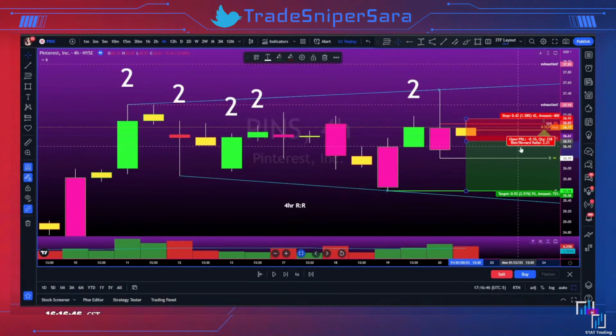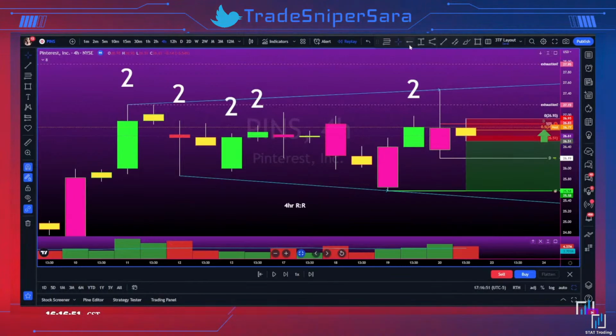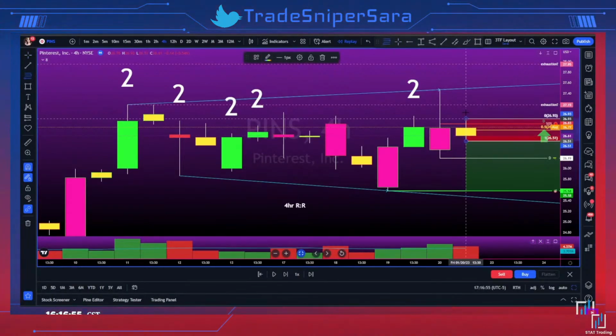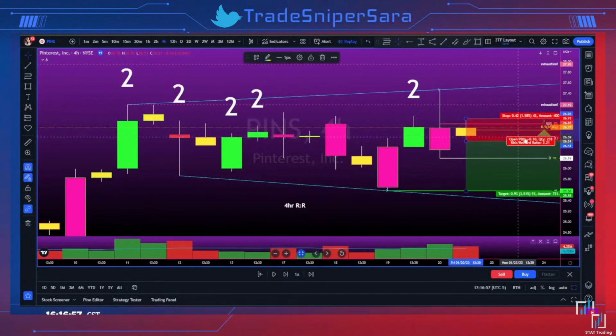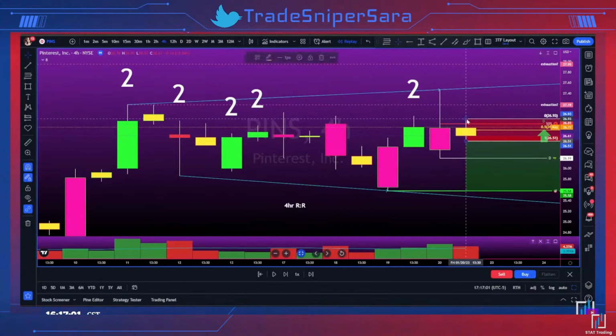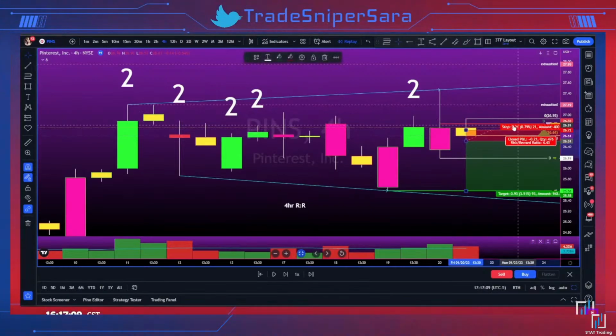This is a 2-to-1 risk reward using the whole candle as your stop, or you could also use a 50% stop, which is 2672, about there.